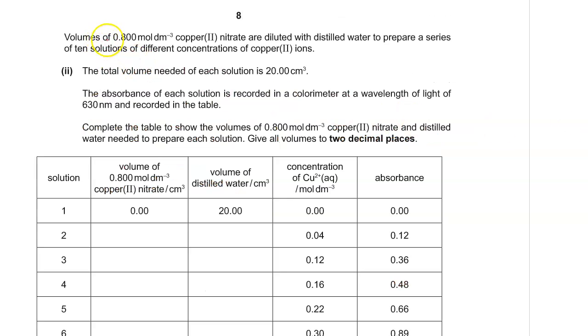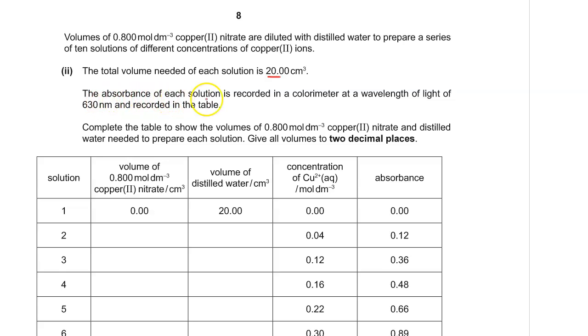Okay, volumes of 0.8 moles per dm cubed copper 2 nitrate are diluted with distilled water to prepare a series of 10 solutions of different concentration of copper 2 ions. The volume needed for each of the solutions is only 20 centimeters cubed.